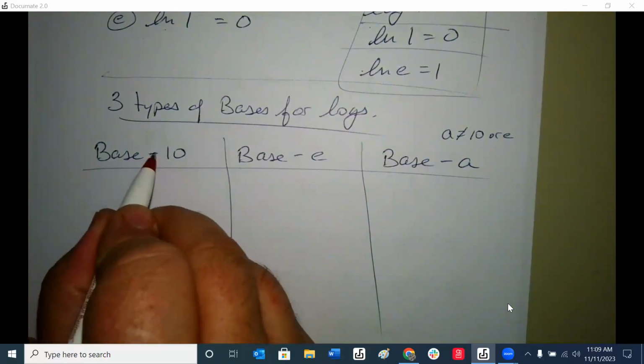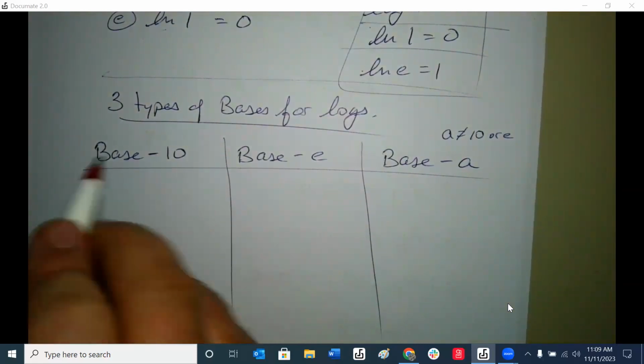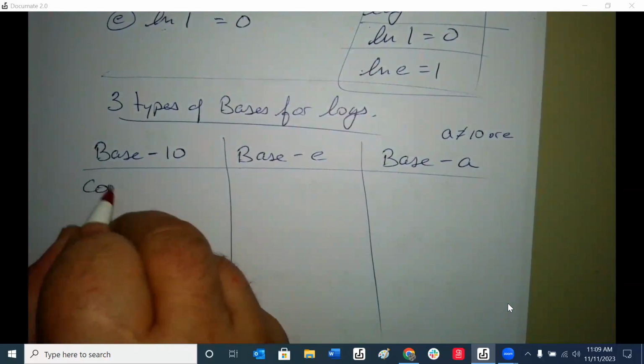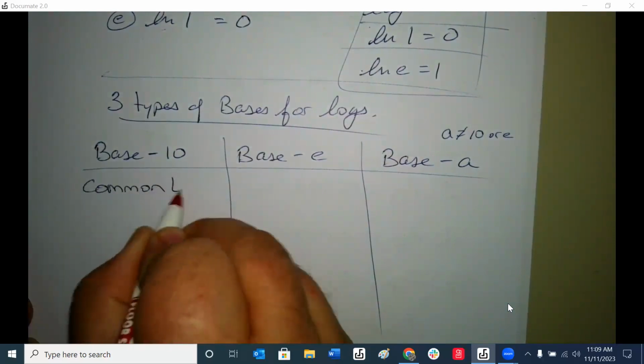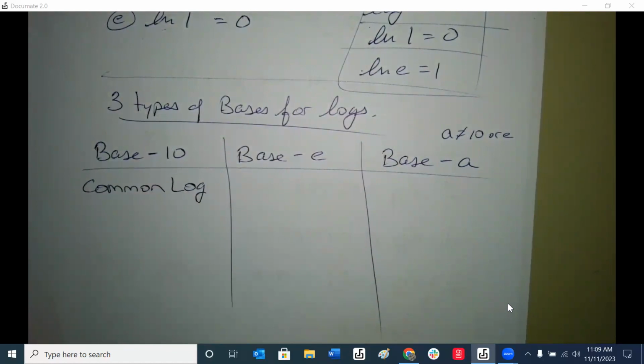If it's base 10, we call that a common log. The reason it's called a common log is because our numeric system is a base 10 number system.